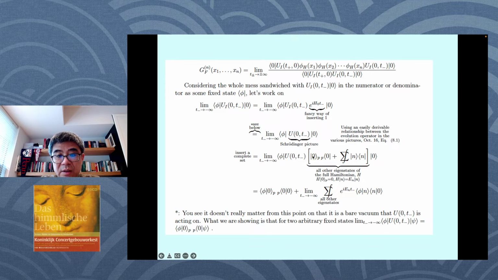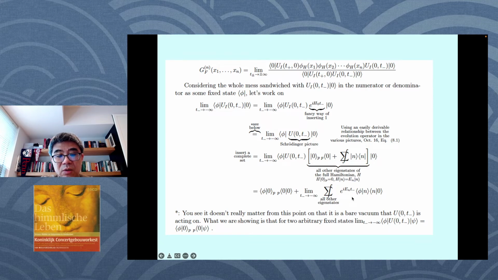And while this acts on this vacuum, it will give you exponential 0, and exponential of 0 is of course equal to 1, and therefore this will be reduced to phi 0p, with the 1 disappearing, and here there is a p0 and connect with this 0. And here you can see the difference between the physical vacuum and the vacuum of the H0. So you have to be careful about these notations.